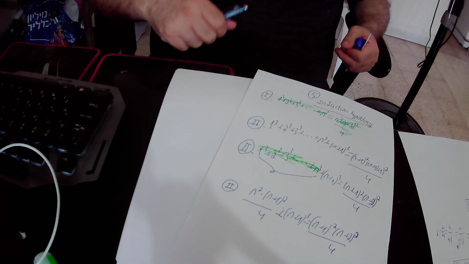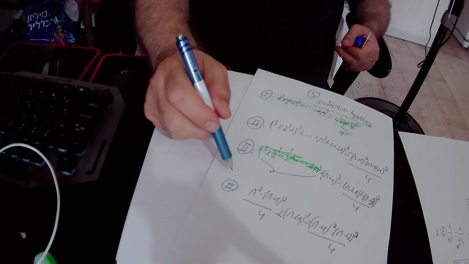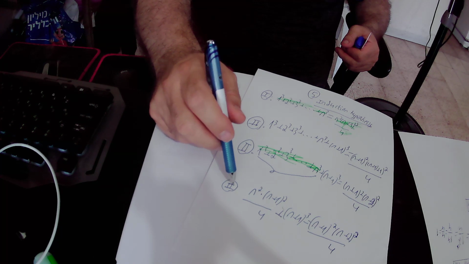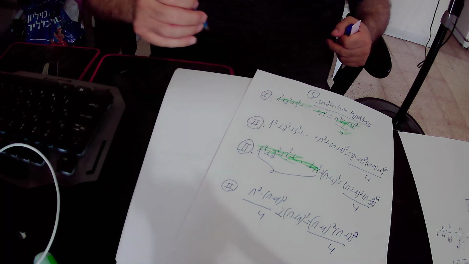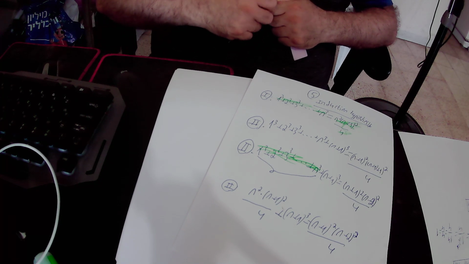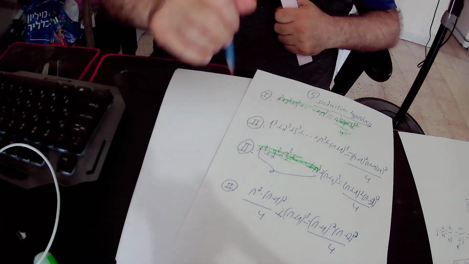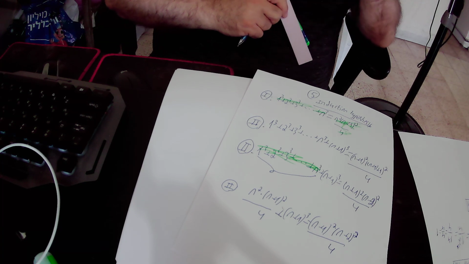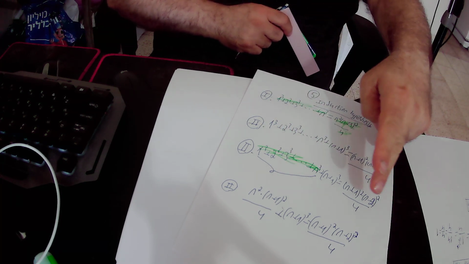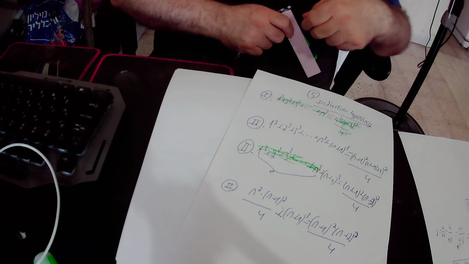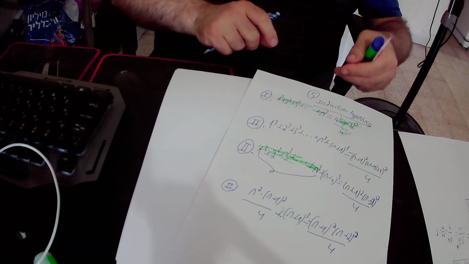And we have to prove that the second equation is true. So in order to prove that this expression is true, we will divide both sides of the equation by n plus 1 squared, because we have n plus 1 squared in both sides of the equation.